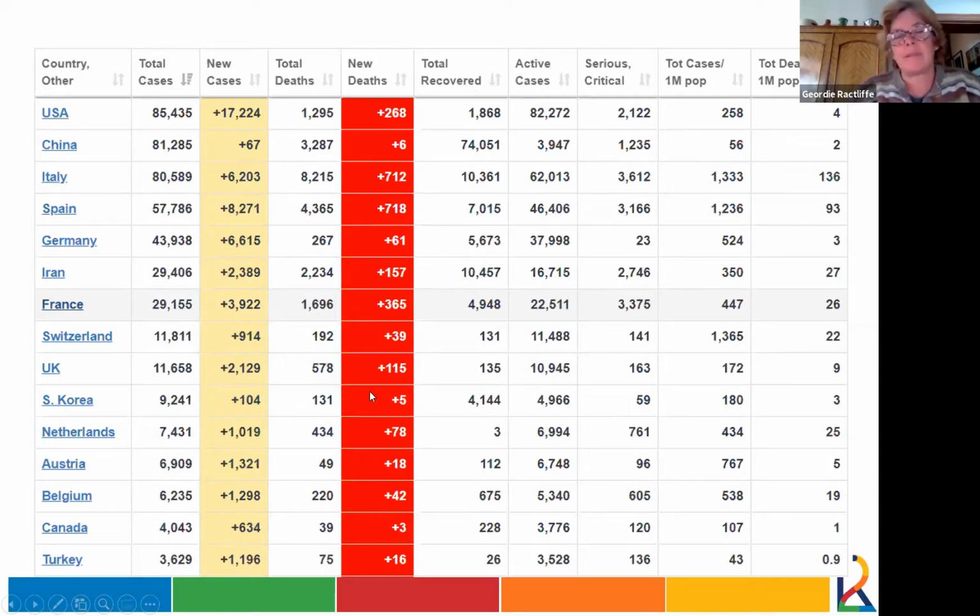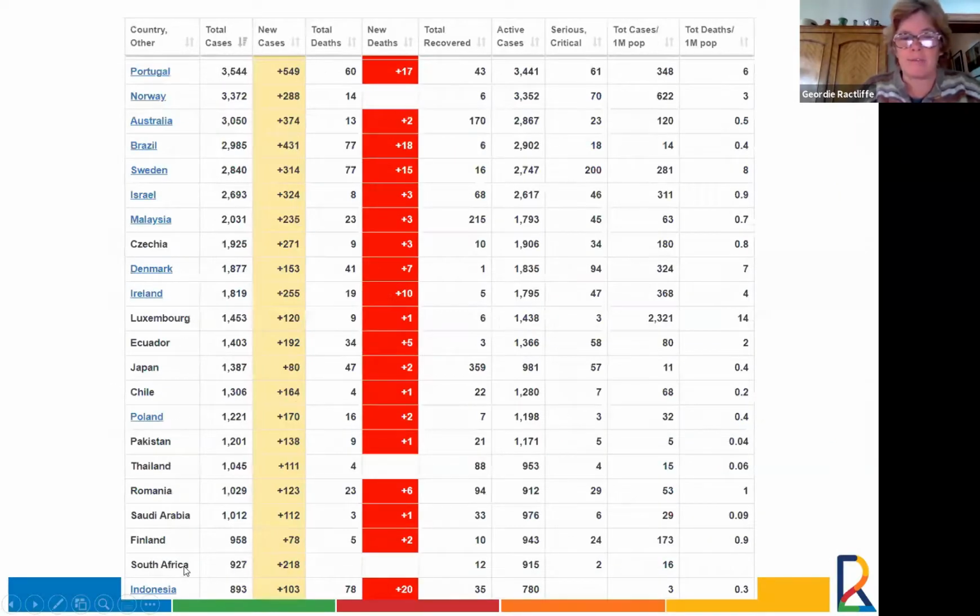For those of you who are obsessed with the news, you can get on quite easily, and it updates every day, showing the new cases. The US is going at about 17,000 new infections per day and about 270 new deaths per day. In contrast, South Africa, down here at the bottom, I hope you can see my cursor, is sitting at about an extra 200 a day.